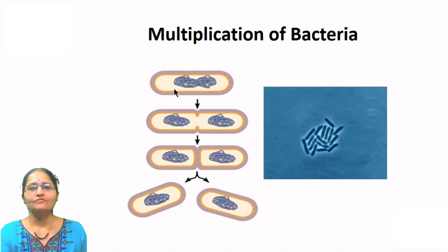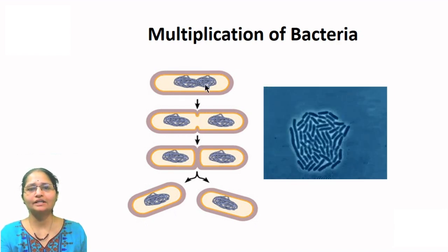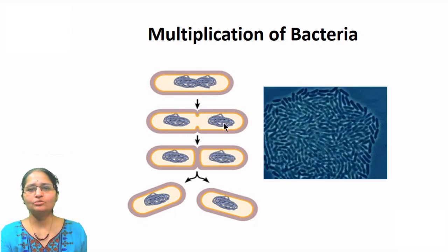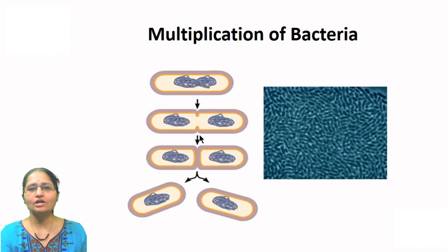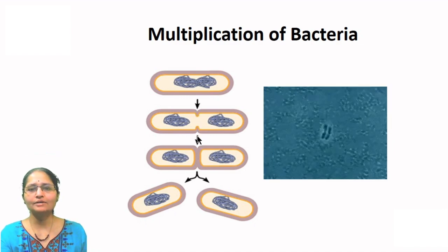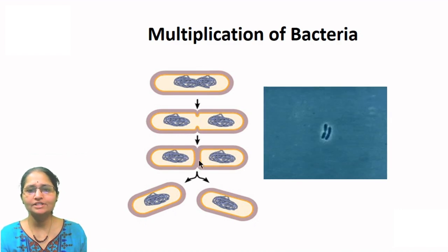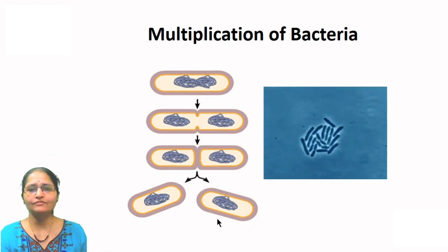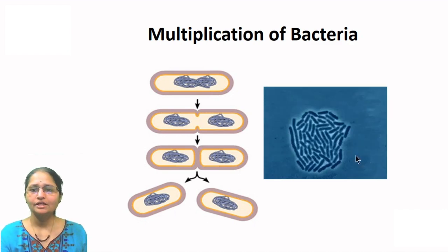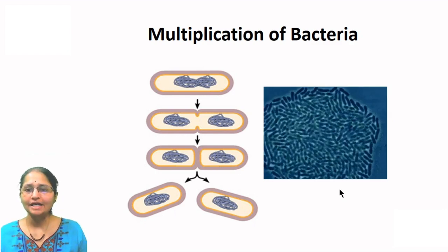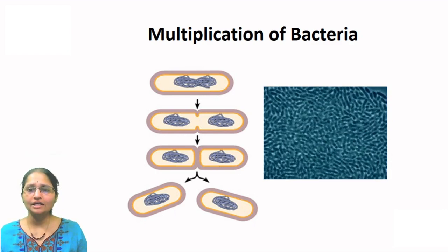First the inner material, which is called nucleoid, is divided into two parts, and a notch is formed in the cell wall of the bacterium. Finally a new cell wall is generated, and the two bacteria separate from each other. In this video you can see actually how they are multiplying.